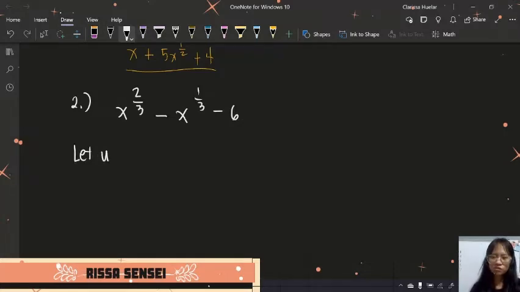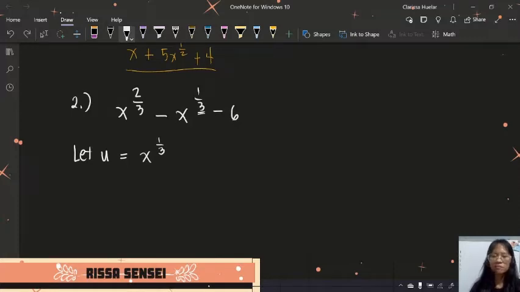Let u, or any variable, pwede. So, let u be equal to x raised to 1/3. So, ito yung pinili ko. Mas maliit siya kasi sa 2/3. Kasi, kapag ginawa kong 2/3 ay medyo mahihirapan tayo sa pag-ayos nitong x raised to 1/3.